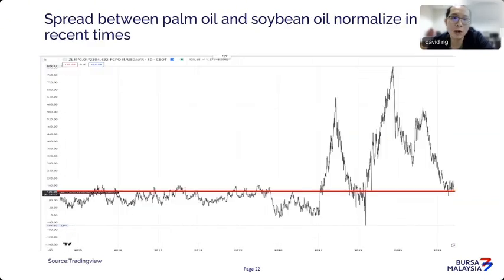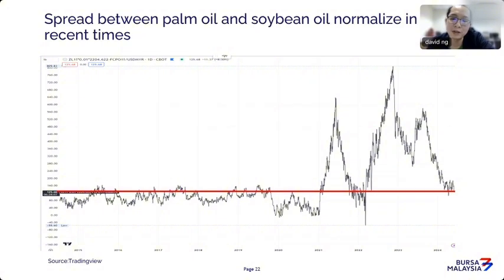Now, there is always a spread between palm oil and soybean oil. I'm not going to go into too much detail, but in normal circumstances soybean oil always trades at a premium compared to Malaysia palm. There are a couple of reasons for it. Over the years this premium has lingered around 100 to 150 US dollars per ton.